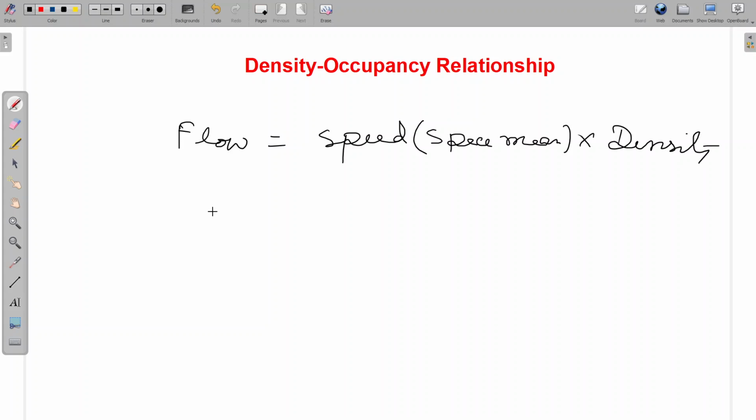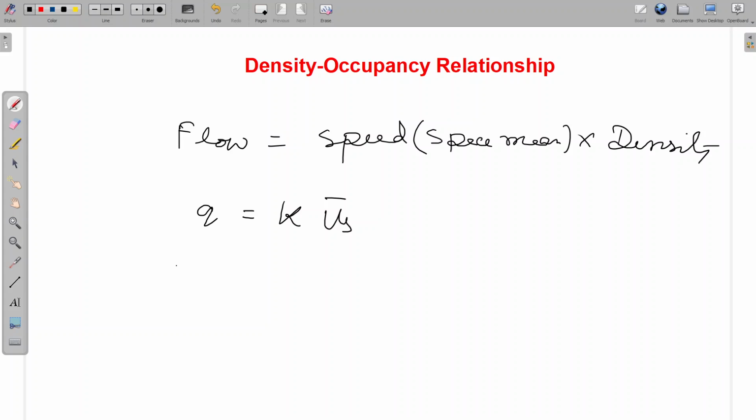Symbolically I can write it like this: Q is the flow, K is the density, and the average space mean speed is U_s. So from there we can derive the relationship, or we can find the space mean speed in another way.